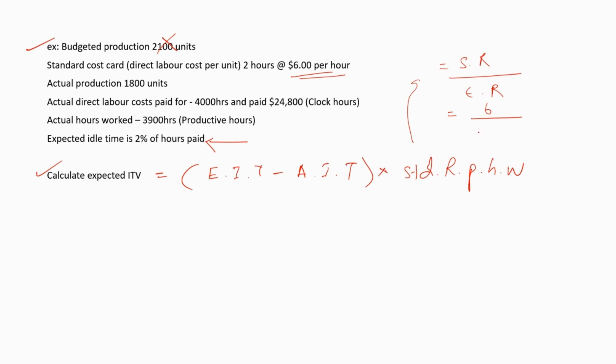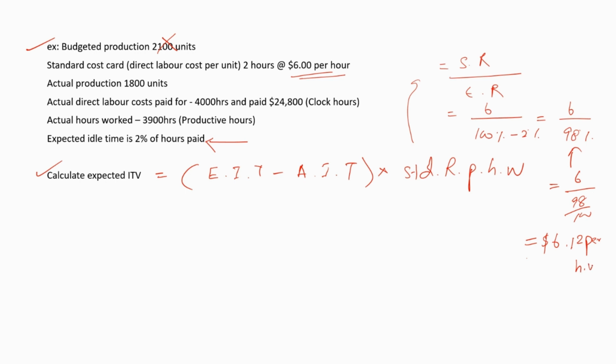So the efficiency ratio is equal to 100% minus 2%, which is 98%. Remember that we need to convert this percentage value into a decimal in order to calculate the standard rate per hour worked. So 6 divided by 98 divided by 100. This is how we can convert the percentage value into a decimal value. So this is equal to $6.12 per hour worked.